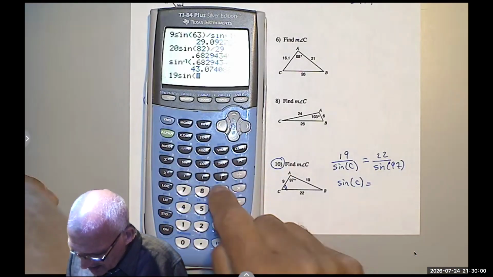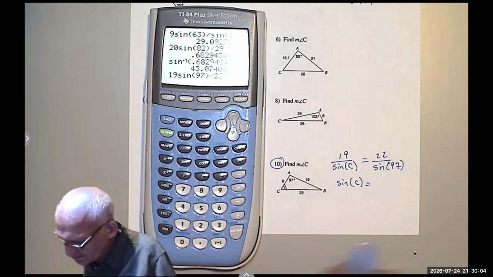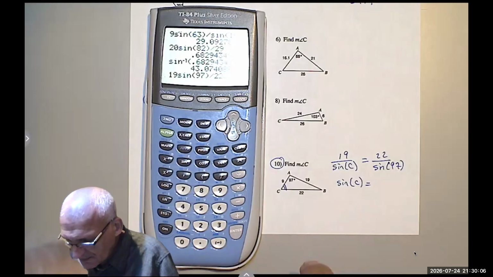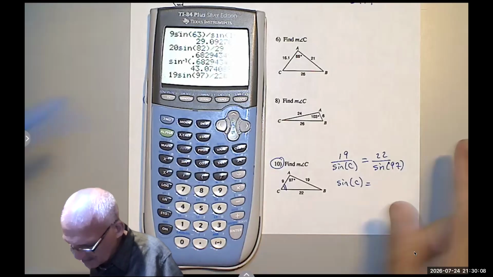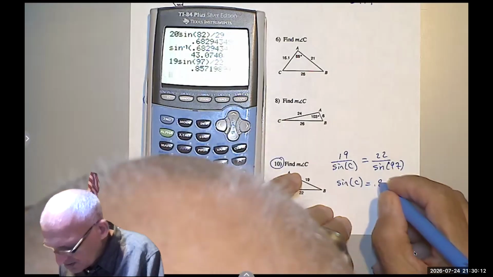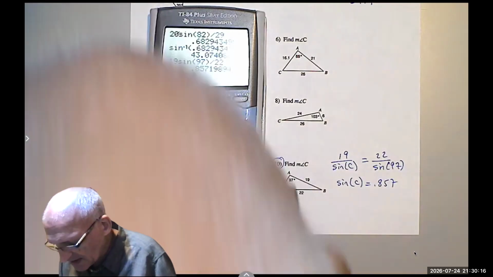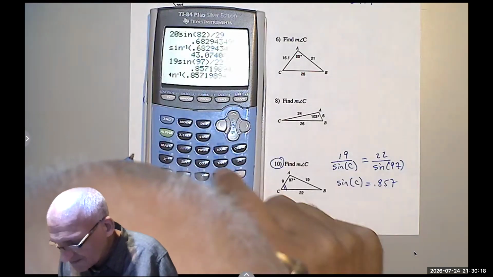19 sine 97 divided by 22. Correct. So I get 0.857. I take second inverse sine of this value.